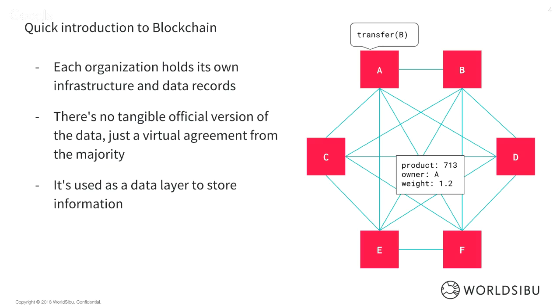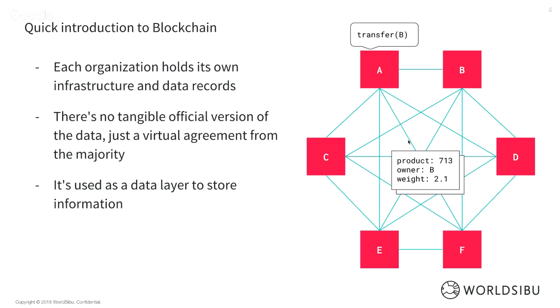So whenever one of the organizations, for example organization A, sends a transfer, invoking a transfer method and passing a parameter, the participant B, this will update the record properly for all of the organizations. Even though the transaction is between A and B, since they are all connected in a single blockchain, they are all holding this information, right?